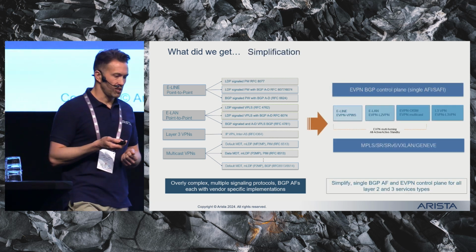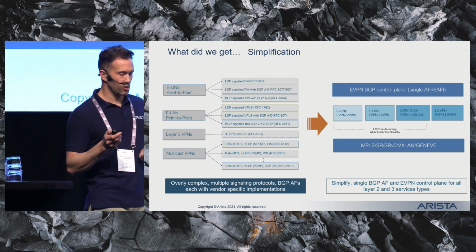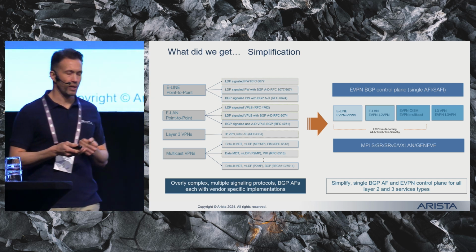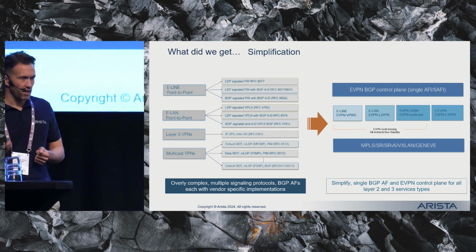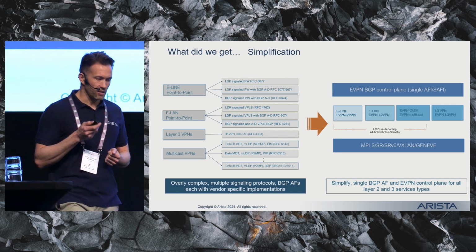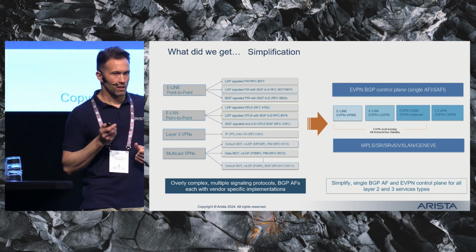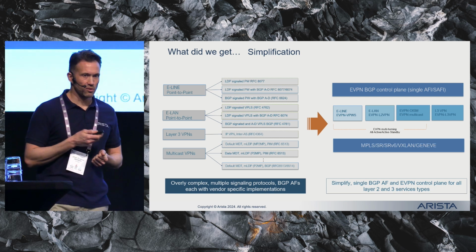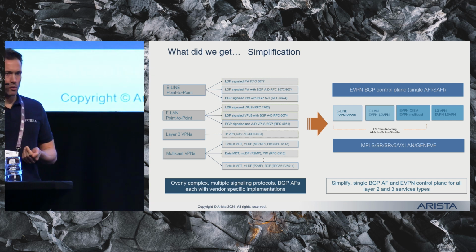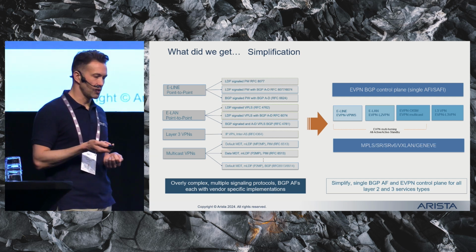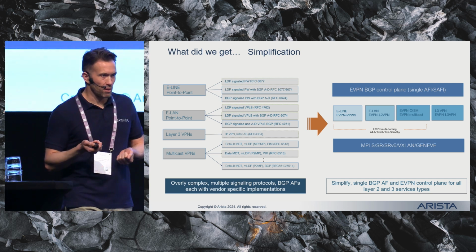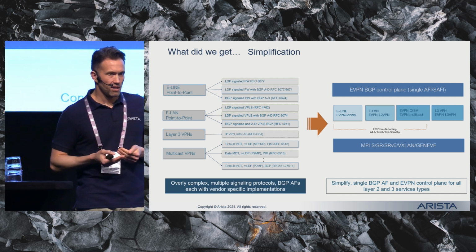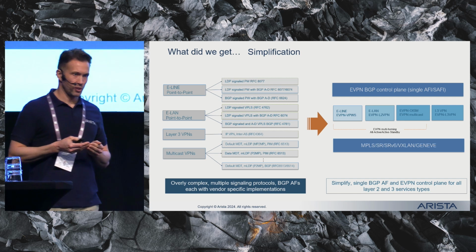Well, we got simplification, a single BGP control plane for all your layer 2 and layer 3 services. And equally important is that EVPN works on top of multiple data planes. So no matter what data plane you're running today and what you're planning to migrate to in the future, EVPN will work. So migrating to EVPN today is really making your network future-proof.